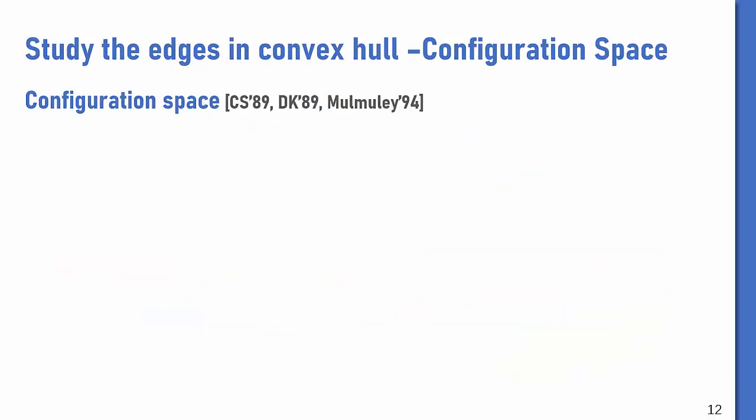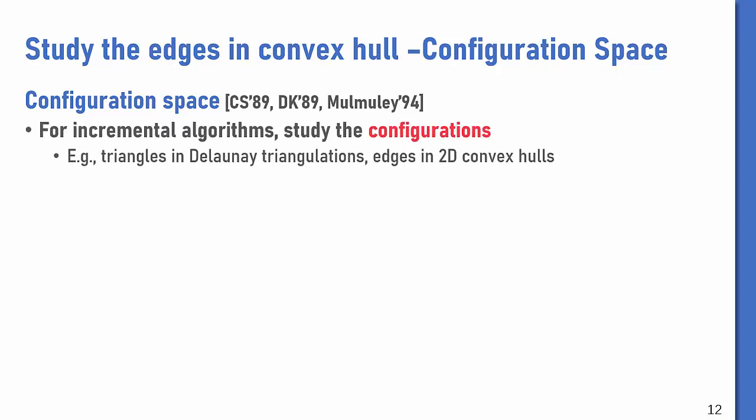We're not the first to study edges in convex hulls. We borrow the idea of configuration space in previous work. It's not only used for convex hull but a lot of incremental algorithms. The main idea is to study the configurations that are constructed by the input elements along the way of the incremental construction algorithm.